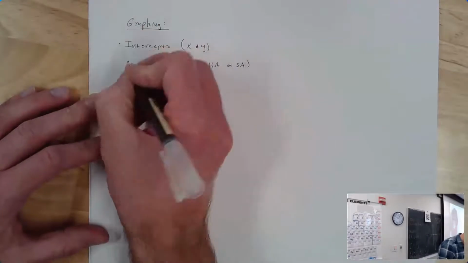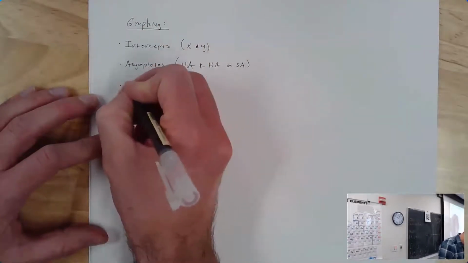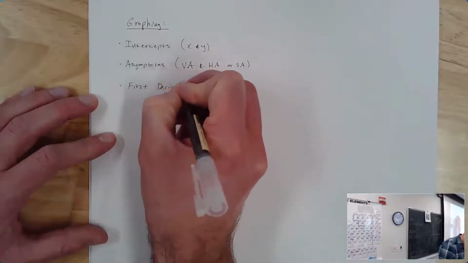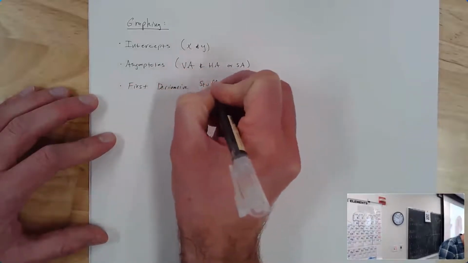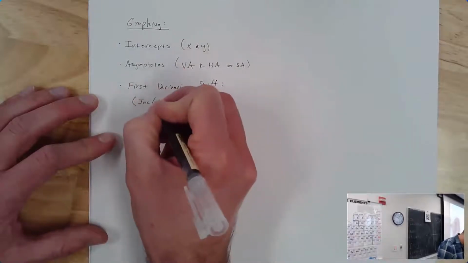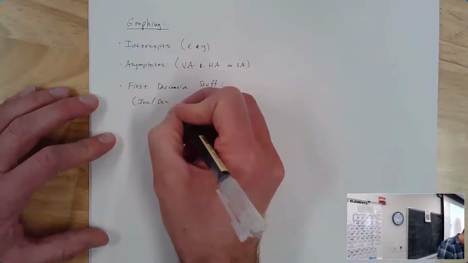And then I typically look for what I call the first derivative stuff, meaning I'm going to find where it's increasing or decreasing and any possible extrema.